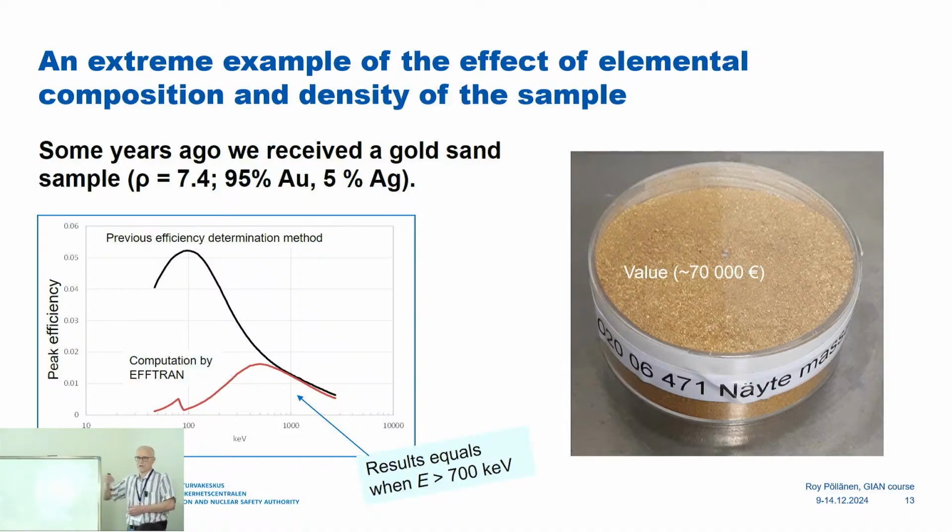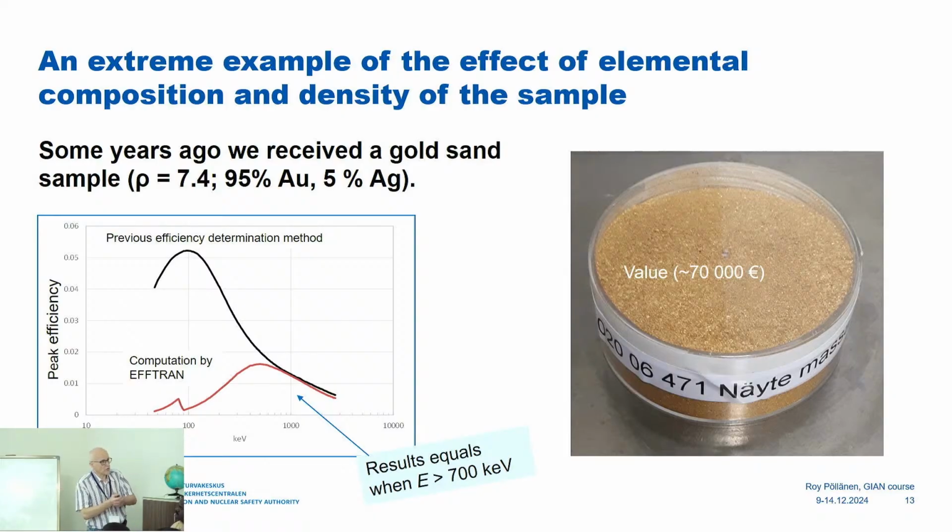Then I used our old system, and this was the result for the peak efficiency as a function of energy. But now the composition is totally different compared to our normal samples, because usually we don't analyze such dense samples. I used Fluka software, and this was the result.